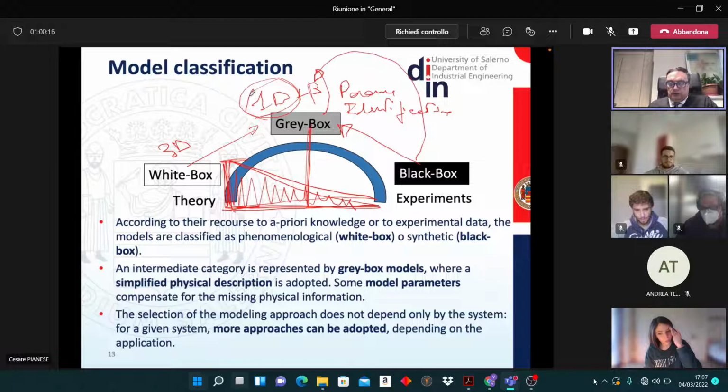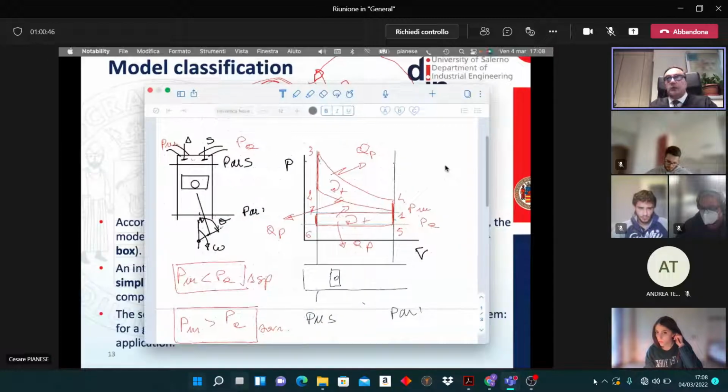Of course, you may apply several approaches. You should put together many approaches. So you may have a big model where you have a 3D model and a 1D model. Let's give an example here.